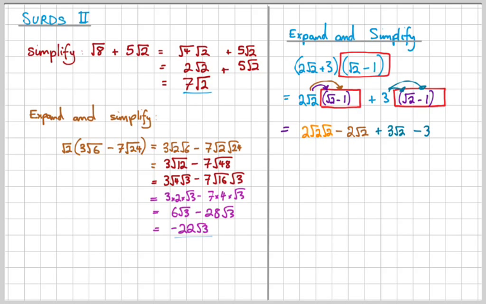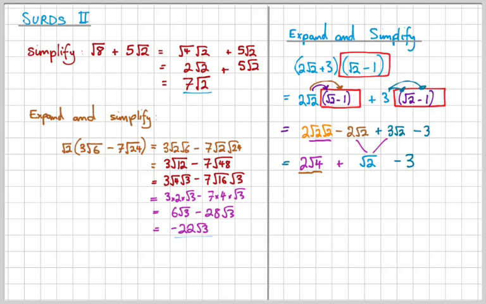Okay, so we're going to simplify where possible. Root 2 times root 2, you can think of it as root 4, which is 2. So we'll leave it like that, 2 root 4, minus 2 root 2, plus the 3 root 2's, because they're the same, becomes 1 root 2. And then negative 3 stays as it is.